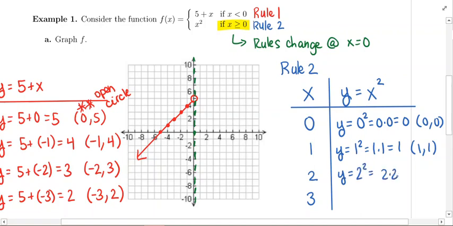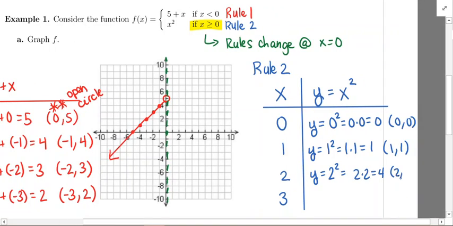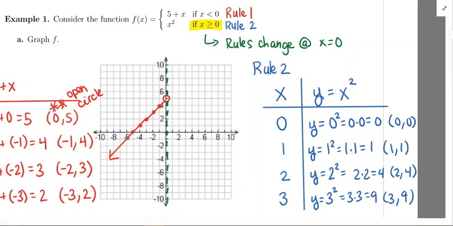That's 2 times 2, or 4. So if x is 2, y is 4. If x is 3, we get y is 3 squared. That's 3 times 3, that's 9. So if x is 3, y is 9. That gives us good points to plot, just like we did for the red table.